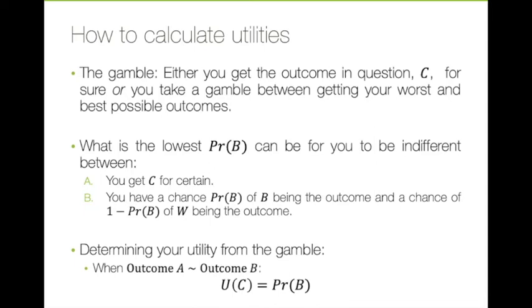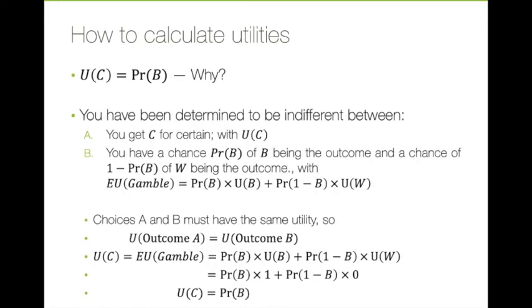And what it turns out to be is that when you're indifferent between outcome A and B in this choice, your utility for C can be given by whatever probability of B makes you indifferent between these choices. So how did we get that the utility of outcome C is the probability of our best outcome? That comes from how we set up the gamble and the scale of best to worst options.